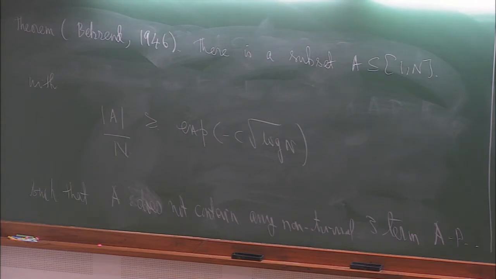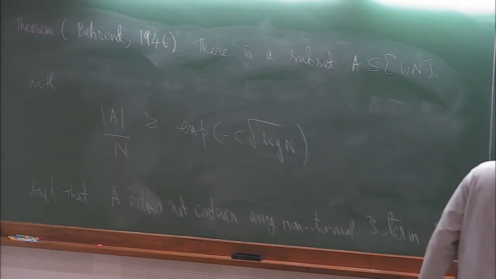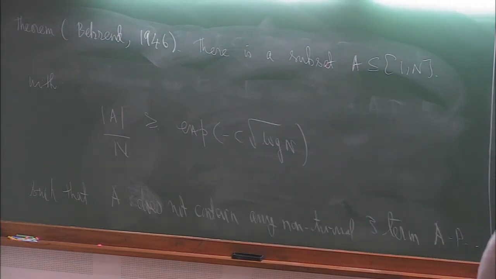I just want to tell you the proof of Behrend's theorem because that shows you a natural example of sets without 3-term APs. And it also tells you why it's important to consider 3-term APs as actually solutions to the equation x plus z equals 2y.